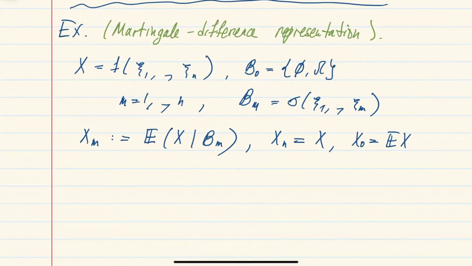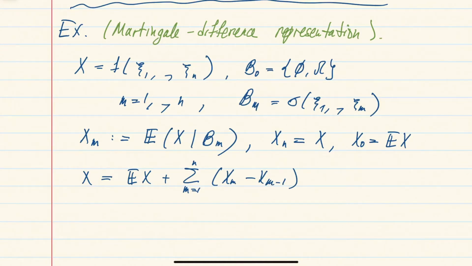Okay, and then we wrote this representation using the telescopic sum, that if you start with the index 0, so this expectation of x, and then you take a sum over m from 1 to n of these increments xm minus x m minus 1, right? You will recover the last one, which is exactly x.